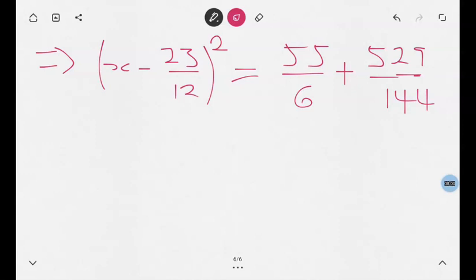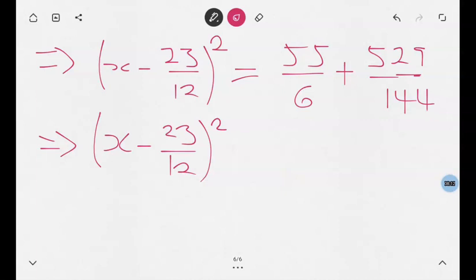So x minus 23 over 12 squared is equal to 1849 on 144.